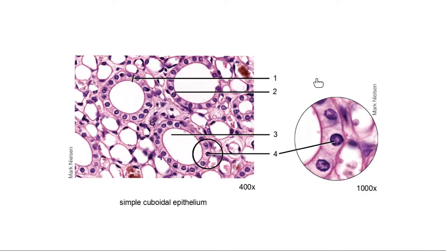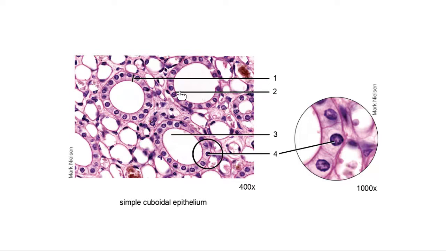And here you can see the real image of simple cuboidal epithelium. In this picture, you need to find the lumen, and the layer which you have immediately after your lumen or free space is called epithelium. This epithelium is marked with number 1 here, and we call it simple cuboidal epithelium.